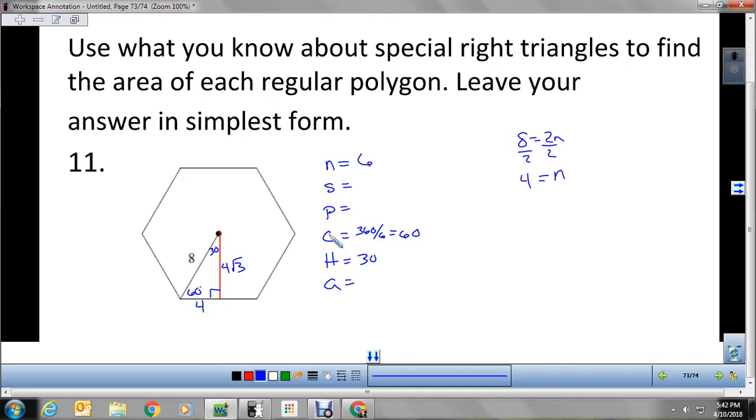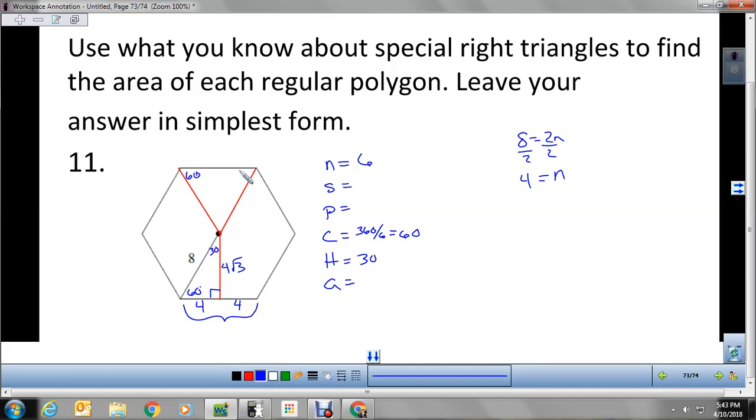So, as you'll notice, this problem is similar to the problem we worked earlier, where the side length now is going to be 4 here, which is going to give us a side length of 8, which is also the same as the radius. And the reason why is because in a hexagon, and this is the only one this works for, the hexagon is broken up into 6 equilateral triangles.